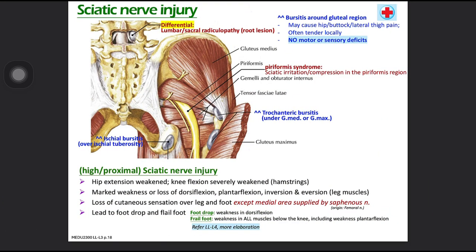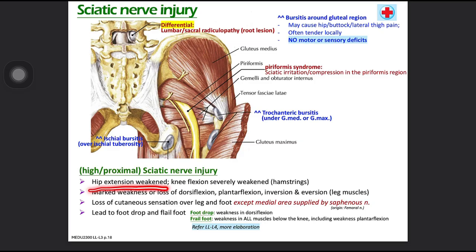Now, this is an important slide. We want to focus on high or proximal sciatic nerve injury, as in dashboard injury, as in posterior hip dislocation. If you know the normal function of the sciatic nerve, then you can recall what actions will be weakened or severely affected.